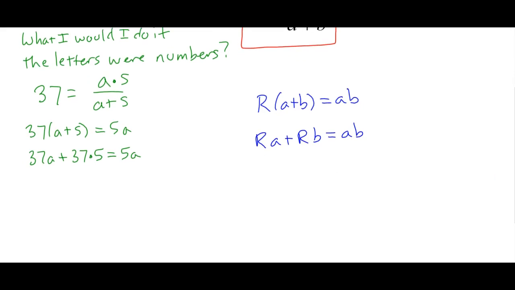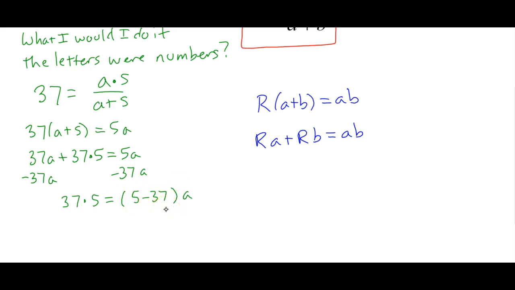So then, maybe the next thing you would do is get the a's on one side. And I know you're probably thinking subtract 5a from both sides, but realize, with the letters, you don't really know which one is bigger. So if you didn't know which one is bigger, it probably would seem more sensible to subtract the 37a on both sides. So then you'd have 37 times 5 equals, and again, don't do the arithmetic, it's 5 minus 37.